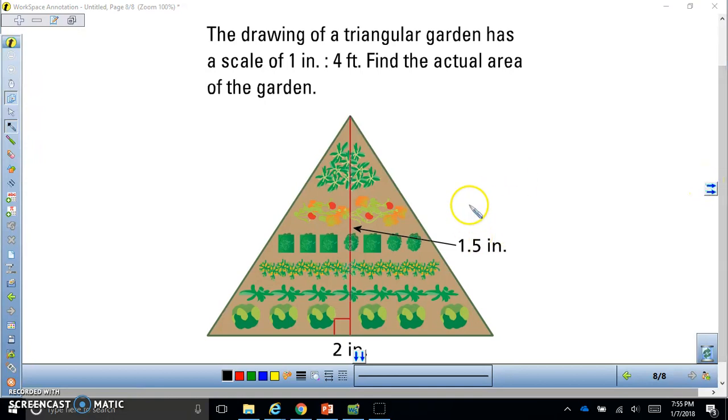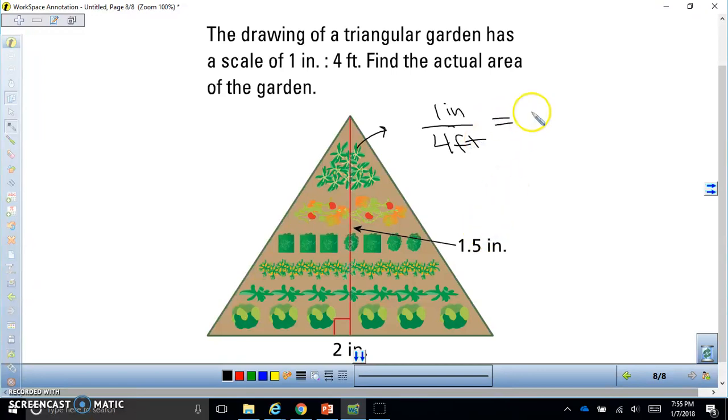For the height of the actual triangle, let's figure that out. Our scale is 1 inch in the drawing to 4 feet in the actual, equals the drawing at 1.5 inches, and we don't know the actual in feet.